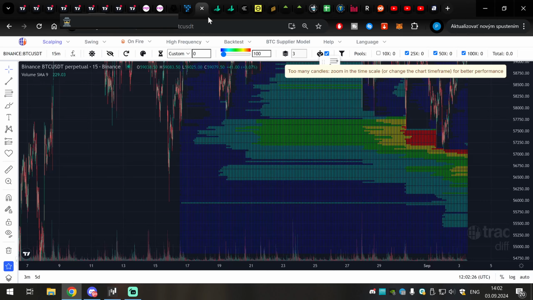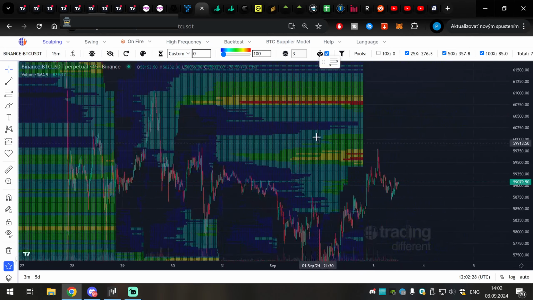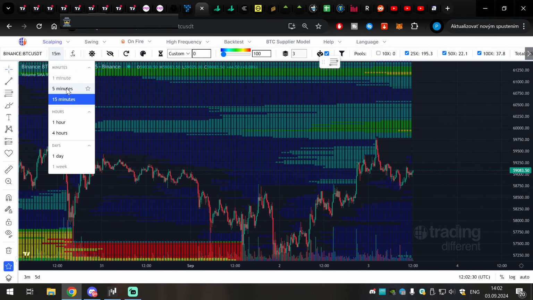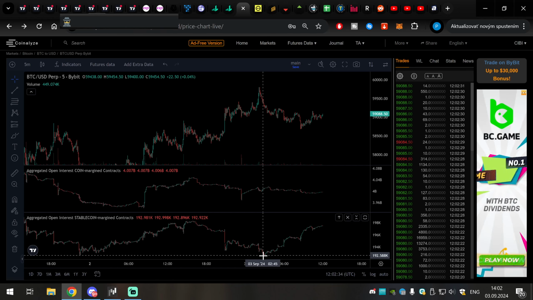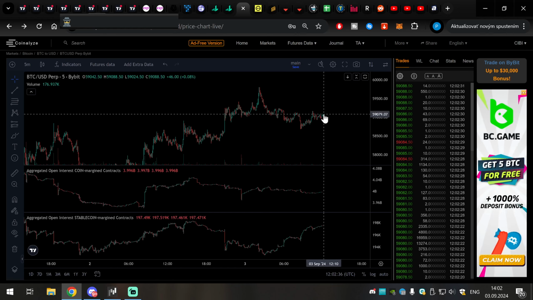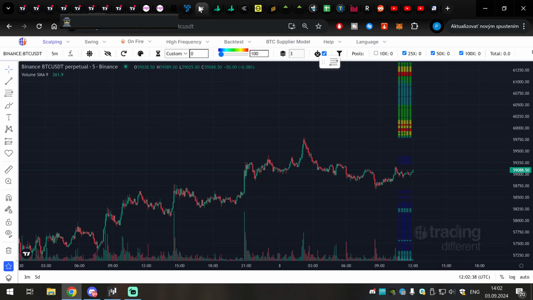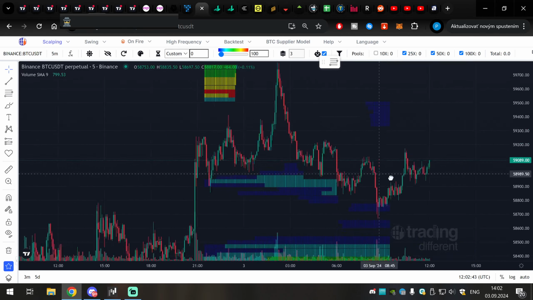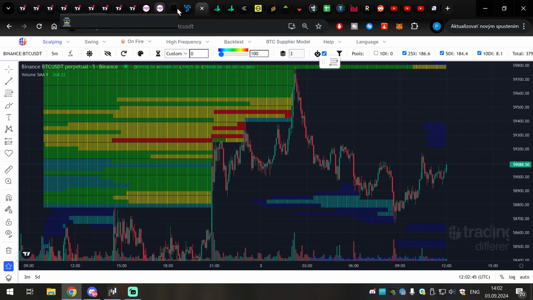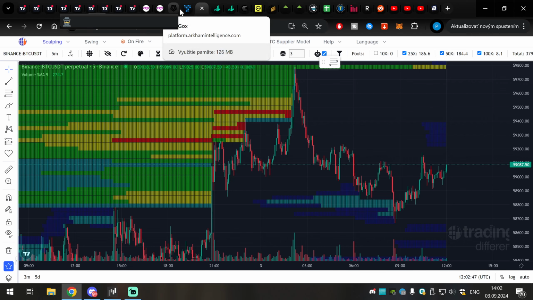So you can go to liquidity, 5-minute time frame. We know open interest is increasing from here down to this very small region. Nobody, liquidations, when we go to TRDR, where is TRDR?